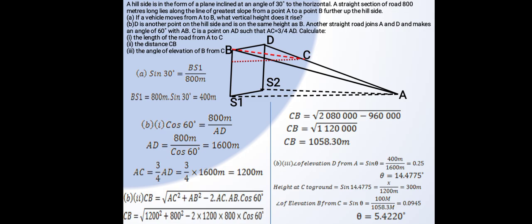Now that is the opposite side and the hypotenuse. Dividing, we get that the sine is 0.0945, which translates to 5.4 degrees. So the angle of elevation of B from C is 5.4 degrees.